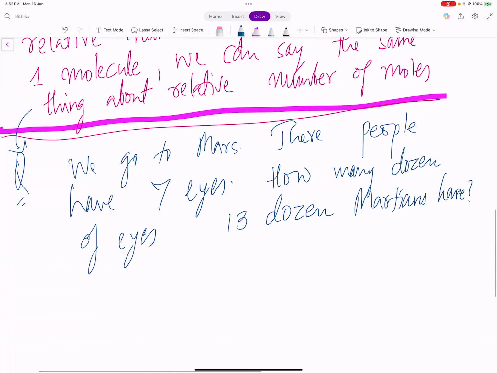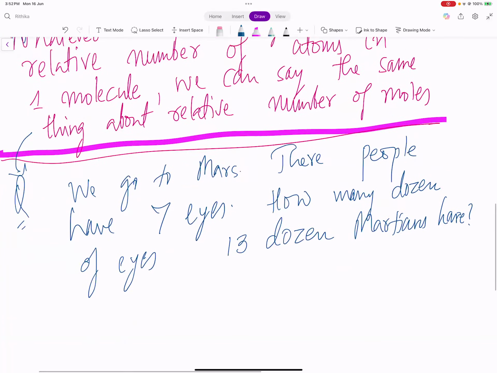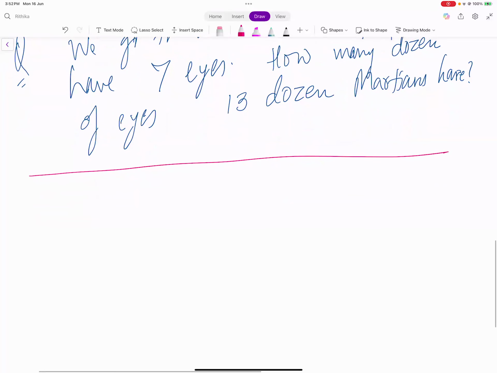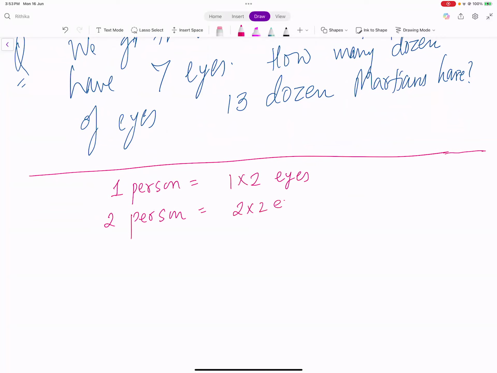Now I'll show you how we are counting the relative number. Suppose one person on earth, 2 eyes. 2 persons, 2 into 2 eyes. 3 persons, 3 into 2 eyes.